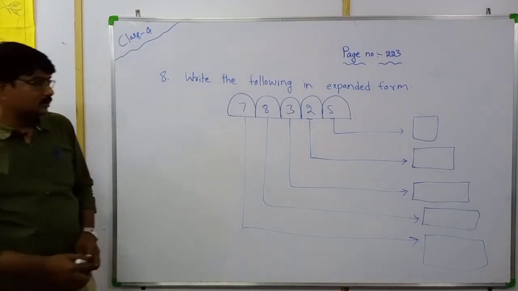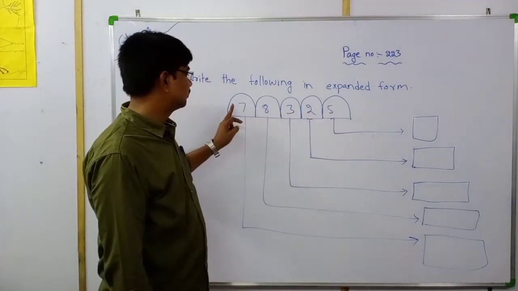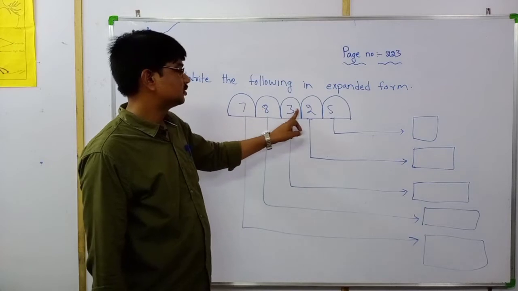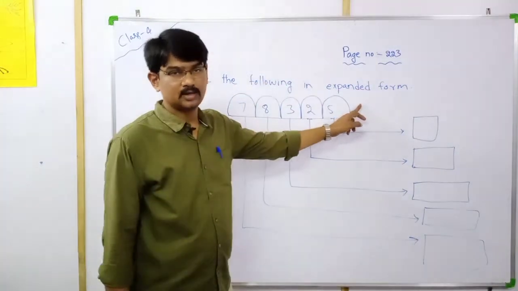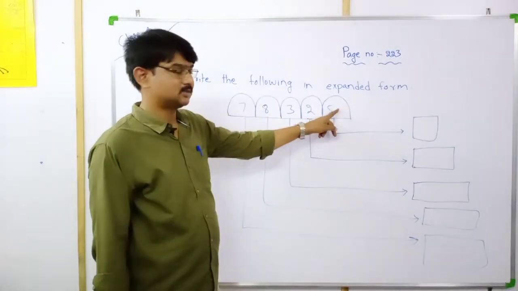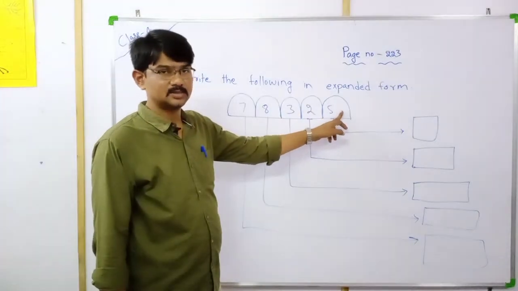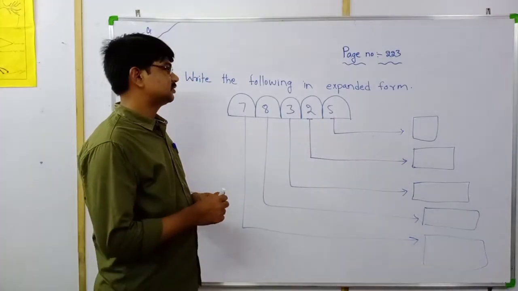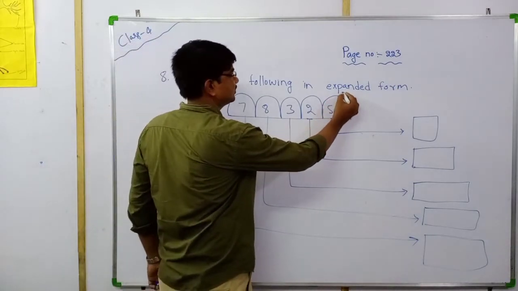The number is given here. How many digits are there? 1, 2, 3, 4, 5 digits. All this is called a number. Every individual one is called a digit. This is a 5-digit number. First, let us write the places.